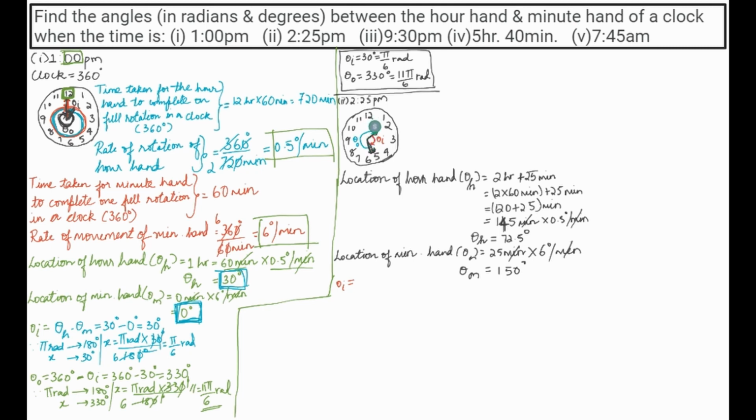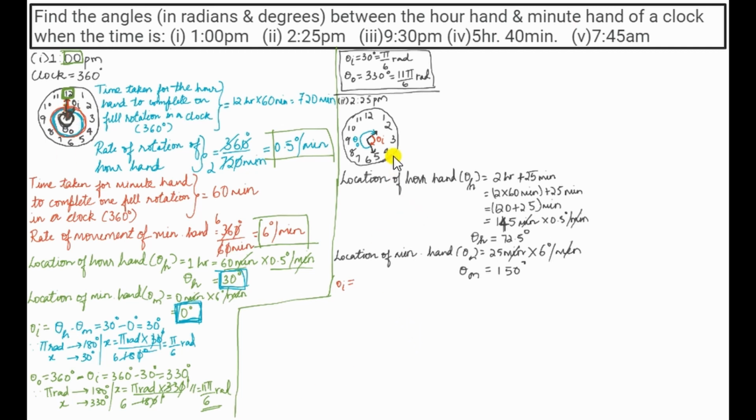So when we subtract the angle of our hour hand from the minute hand, we will get the angle between the hour hand and minute hand, that is theta I. In the previous question, it was theta h minus theta m, because the hour hand had moved farther than the minute hand.